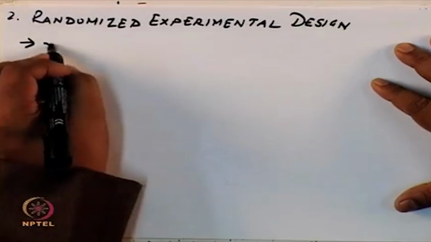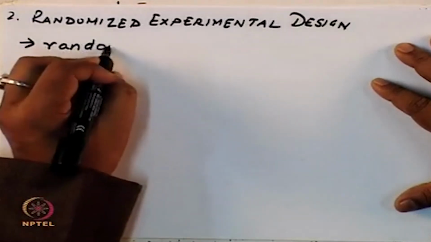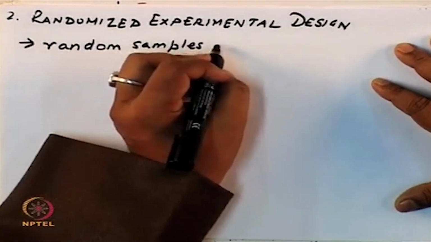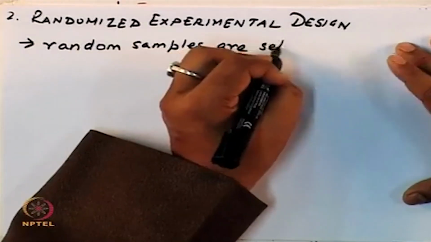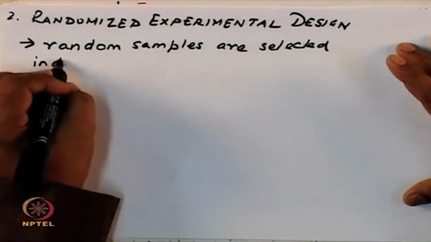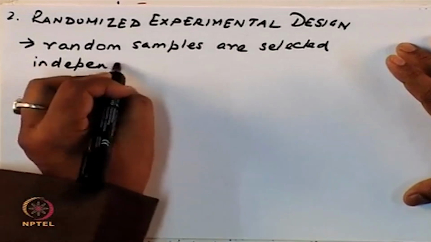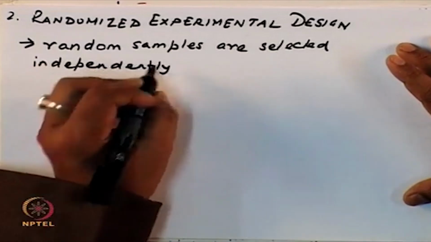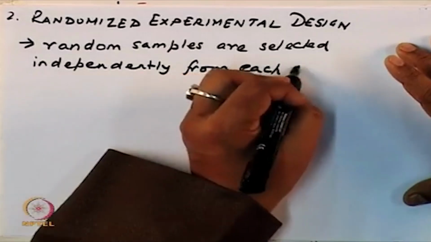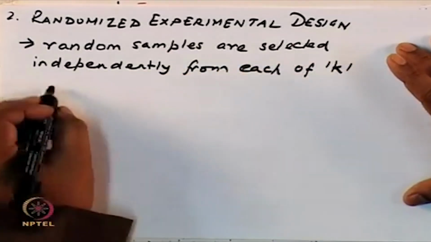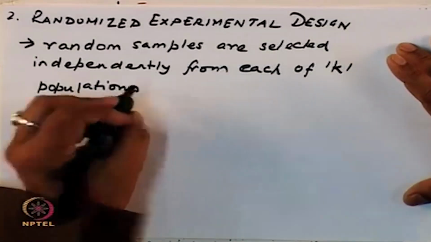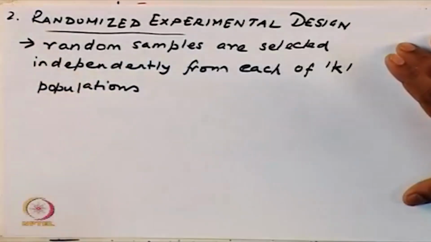So, random samples are selected independently from each of k populations. Okay. So, this is called a randomized design.